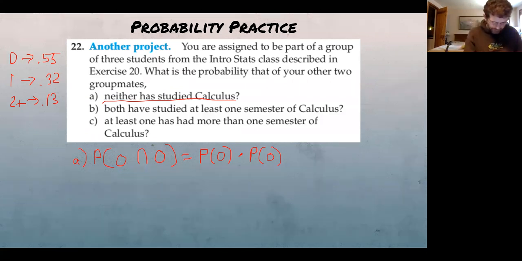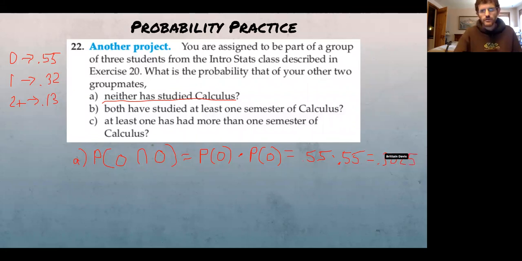So the probability of 0 is 0.55 times 0.55, which gives 0.3025. I have just over a 30% chance of getting two group mates who have neither studied calculus.